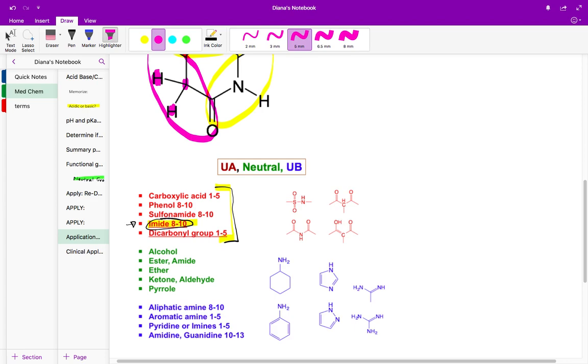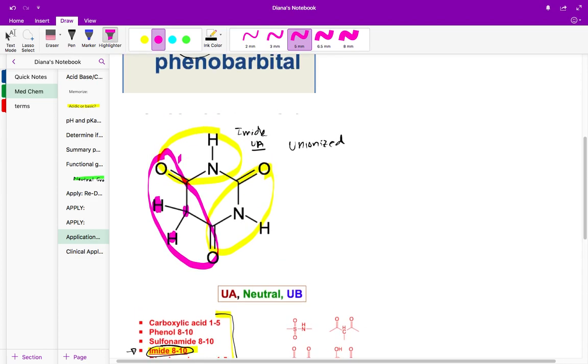Keep in mind that a dicarbonyl group is an unionized acid, it is one of the acidic functional groups, and its pKa is more acidic than an imide. So its pKa is lower, it's 1 to 5. So let's think about that. So we have a UA here. The pKa is 1 to 5.